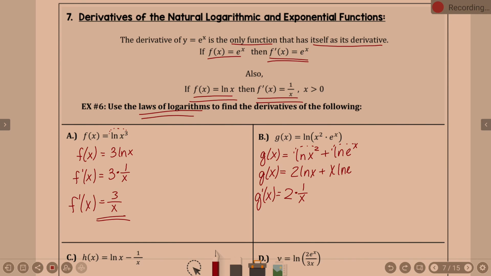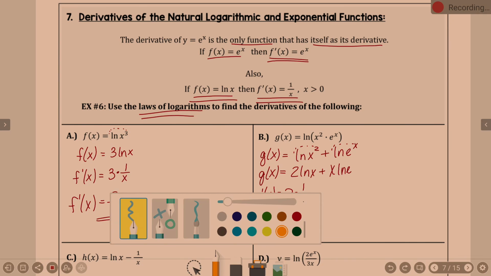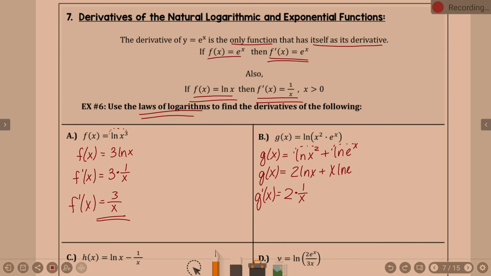Now, there's a catch on this one, guys. Natural log of e. Log base is e. So if natural log of e, that is base e, what is log equal to when the base is the same as the inside of the log?